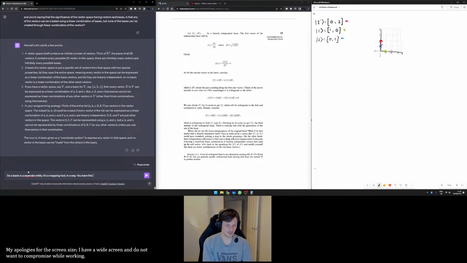You have this toolbox of vectors that are called basis because when you combine the tools together, like a pineapple and a banana, you get a smoothie. The smoothie is a vector.